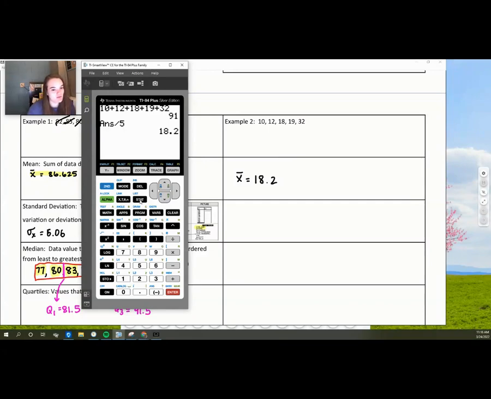Our standard deviation, you go to Stat, edit the list, and we're going to type in these numbers. I'm going to delete everything in here first. 10, enter, 12, enter, 18, enter, 19, enter, 32, enter. Stat, calc, right here, 7.70. What that actually means is, I'm going to show you this.